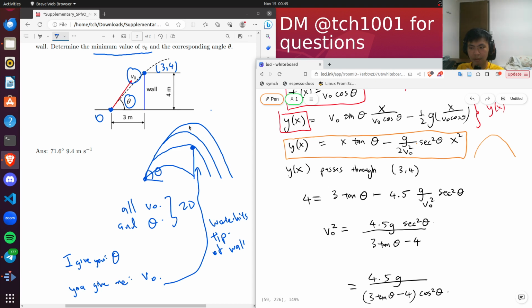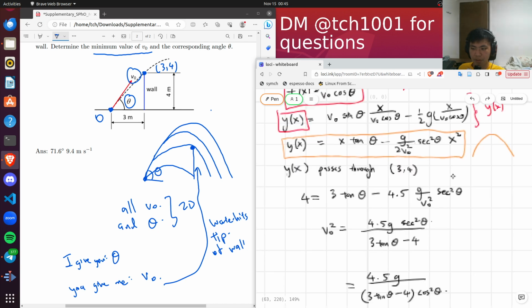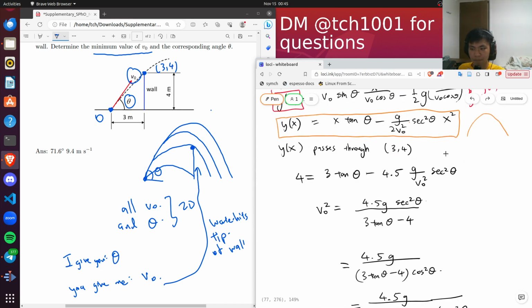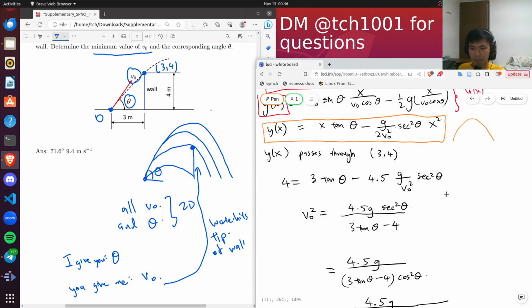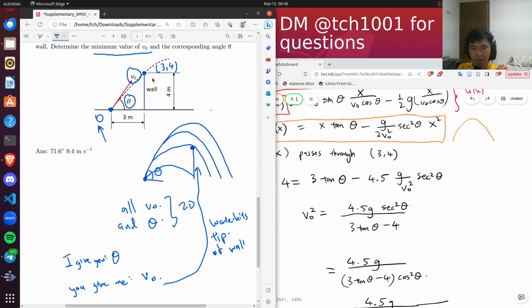Currently, when we substitute 3, 4 into the quadratic equation, we still have 1 degree of freedom left, and that degree of freedom is given by essentially theta, right? So to define a parabolic curve, you need 3 points. 1 point is the origin, 1 point is the tip of the wall, and the third degree of freedom is any point, but instead of choosing any point that I want the parabola to pass through, I want to allocate that degree of freedom to theta.